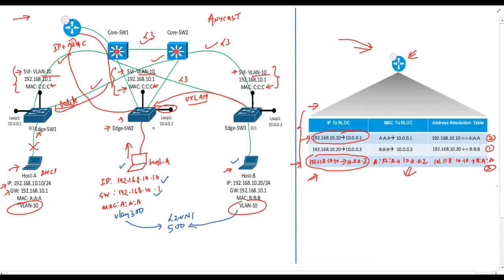Now, when switch 2 sends VXLAN encapsulated packets towards switch 3, it marks the VNI value as 500 in the VXLAN header, so that when this packet reaches switch 3, it knows it needs to send it to VLAN 10, because VNI value 500 is mapped to VLAN 10, right? Correct? So the VLAN number isn't of much significance here, but still it's a best practice to have the same VLAN number configured across the switch fabric.